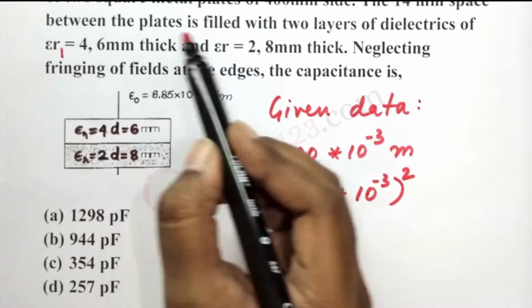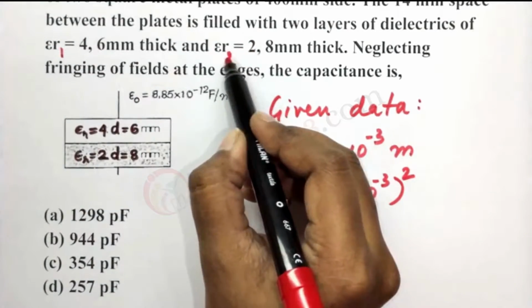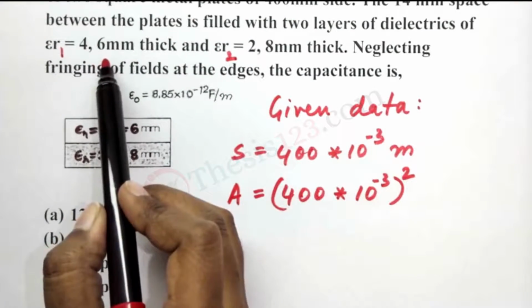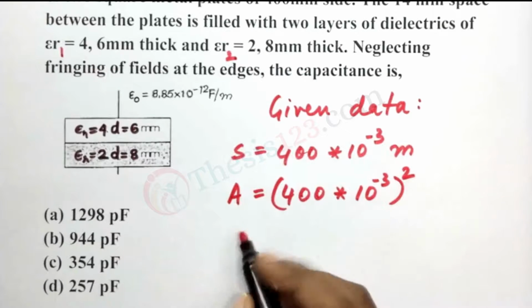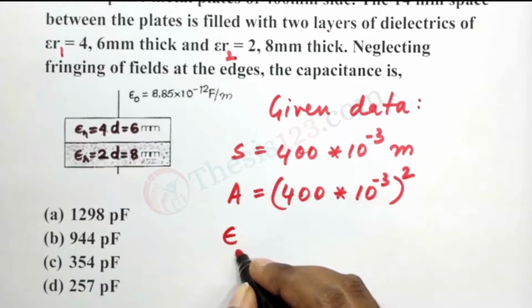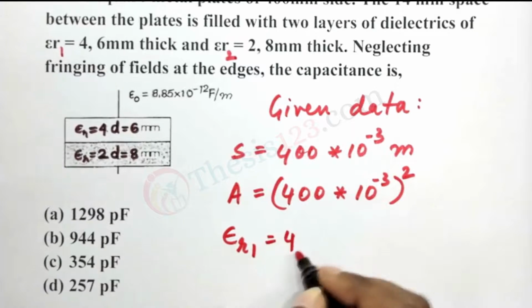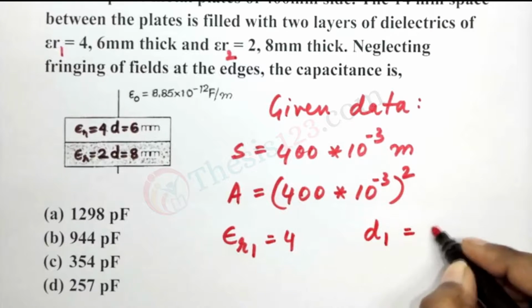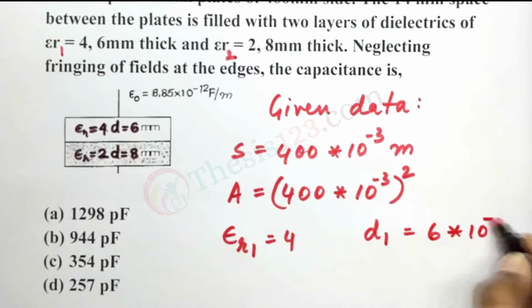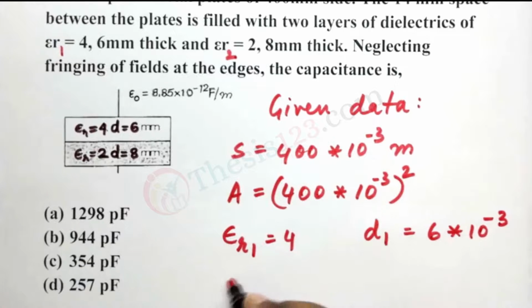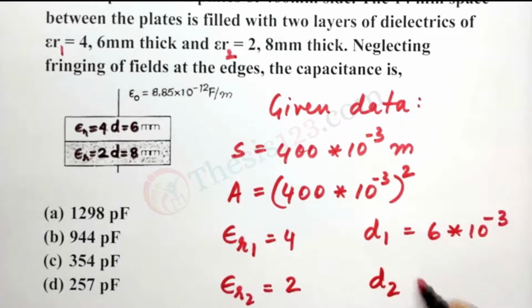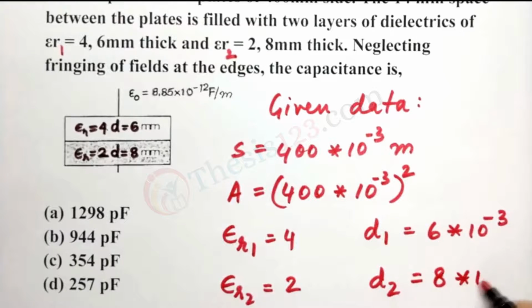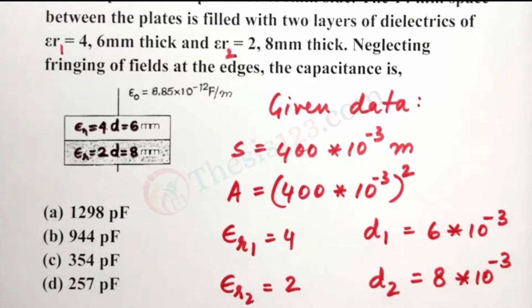Let's call this epsilon r1 and this epsilon r2, and likewise the thicknesses d1 and d2. Epsilon r1 is 4, thickness d1 is 6 into 10 power minus 3. Epsilon r2 is 2, thickness d2 is 8 into 10 power minus 3. So this is the given data.